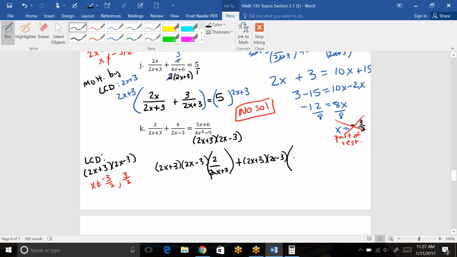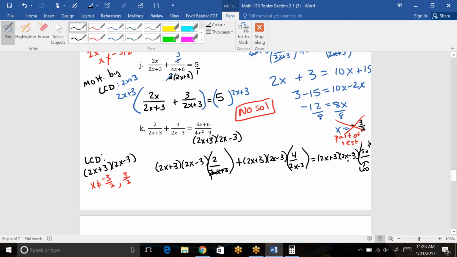It is only legal if you have an equation and if you do it to everything on both sides. 2x plus 3, 2x minus 3, running out of room, and my last fraction is 5x plus 6. Oh, that's really hard to see. And I'm going to just put LCD here because I don't have any more room.